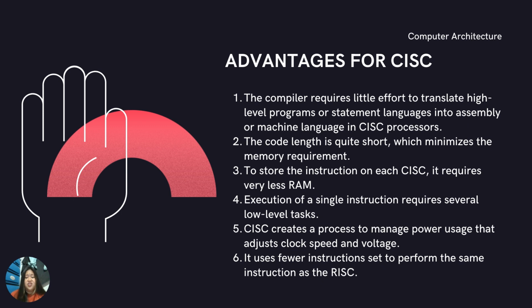Third, to store the instruction on each CISC, it requires very less RAM. Fourth, execution of a single instruction requires several low-level tasks. Fifth, CISC creates a process to manage power usage that adjusts clock speed and voltage. And sixth, or the last one, is it uses fewer instructions set to perform the same instructions as the RISC.